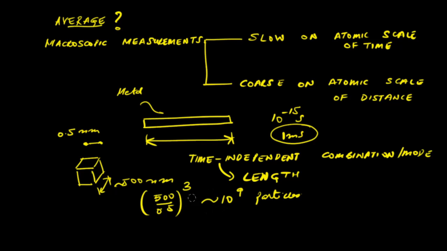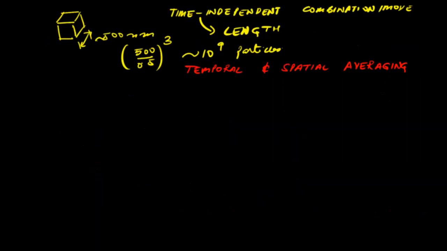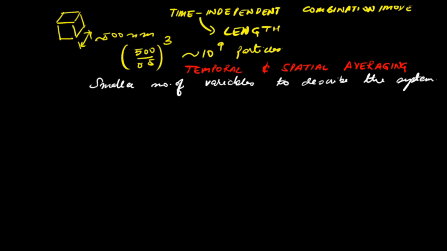So to summarize, macroscopic measurements lead to temporal and spatial averaging, that is averaging in time and space. Therefore, due to the averaging that happens in macroscopic measurements, we are left with a smaller number of variables to describe the system. So these variables can be, for mechanical systems, length and volume.